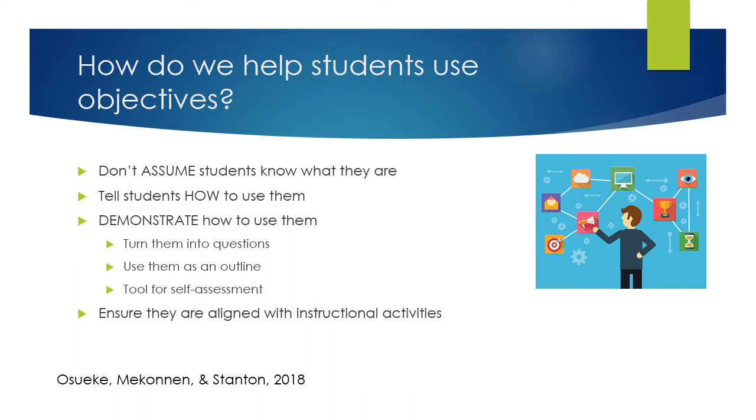And so if you've spent a lot of time writing your objectives, you definitely want your students to use them. And so alignment is one way for you to show students, hey, I'm helping you help yourself. So here are some objectives to help you better understand what you need to demonstrate to show mastery.